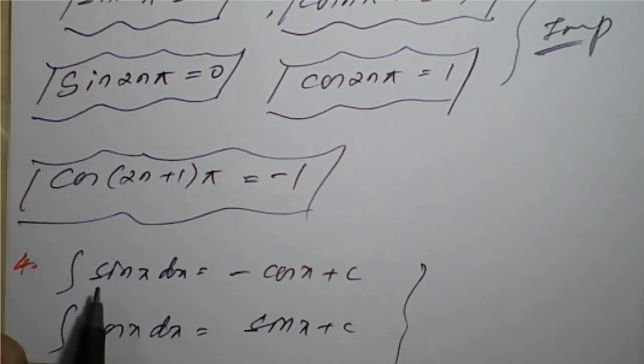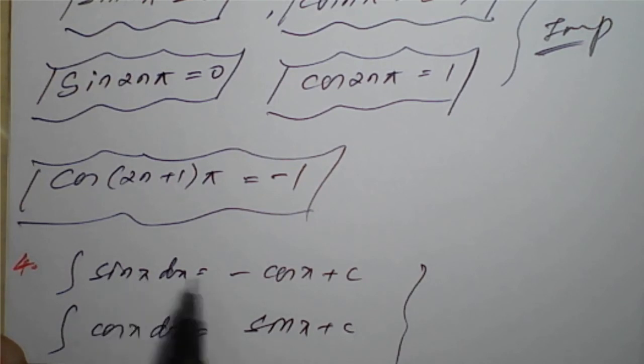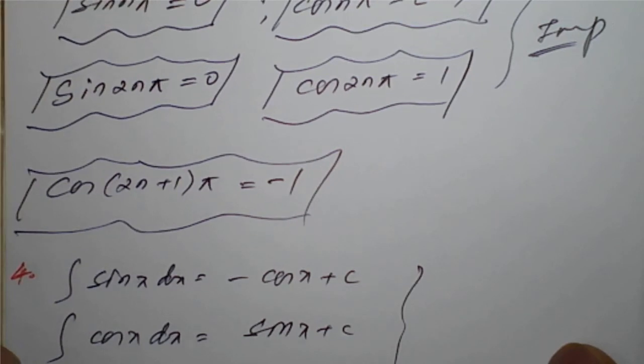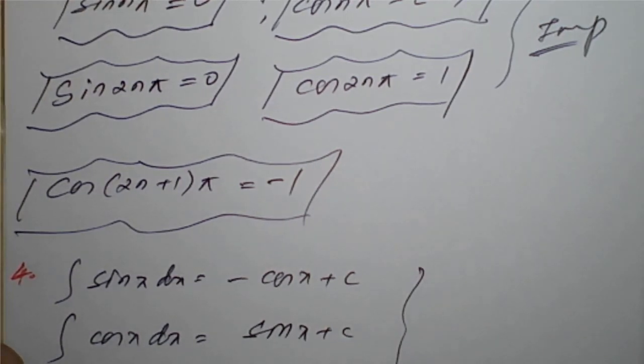So remember this. While applying integration of sin, we will write only minus cos x, and integration of cos we will write sin x. So these are the results we need to remember to simplify the problems based on this Fourier series. We'll go through the examples of these Fourier series in the next lecture.